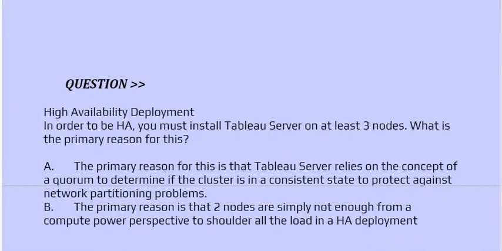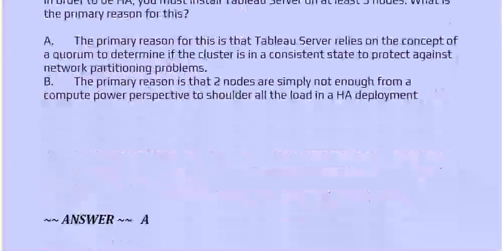Option B. The primary reason is that two nodes are simply not enough from a compute power perspective to shoulder all the load in a HA deployment. Correct answer is option A.